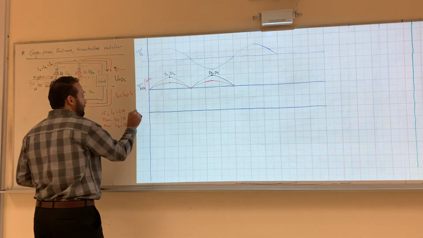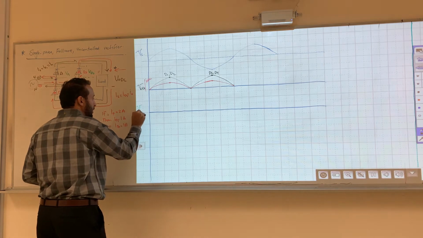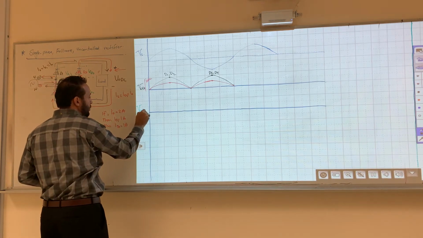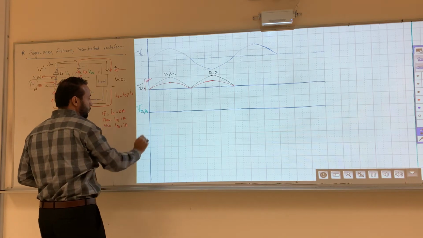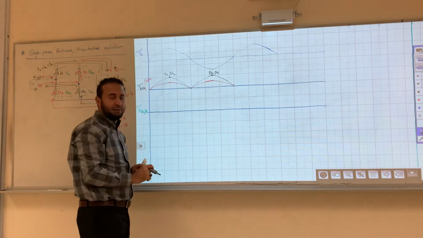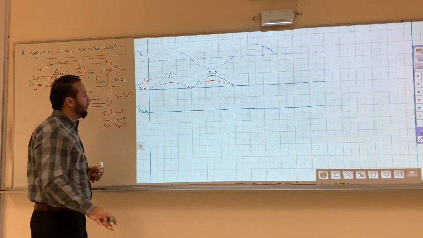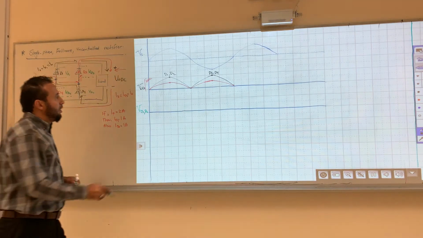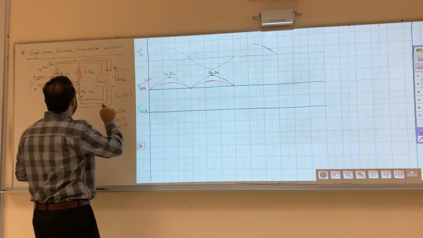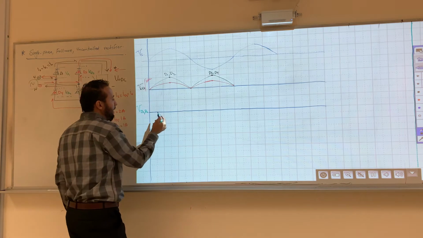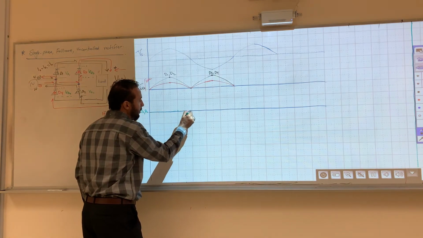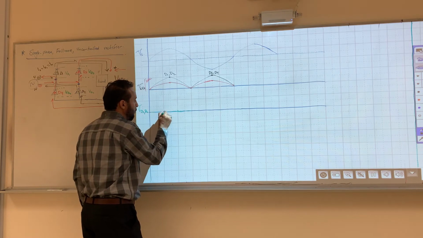So this one here is V diode 1 and V diode 2. So we're looking at this part. We're not looking at that, right? Let's see here. The diode 1 and diode 2 are conducting. So since it's conducting, it's 0 right here, 0 up to this point. So this is 0.